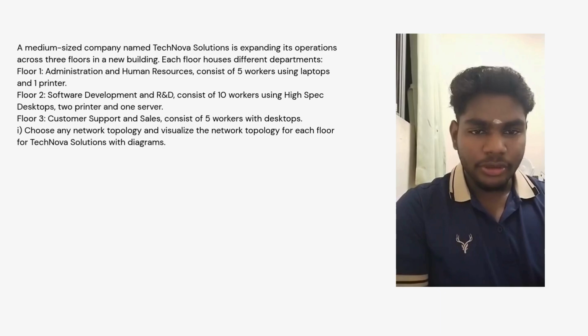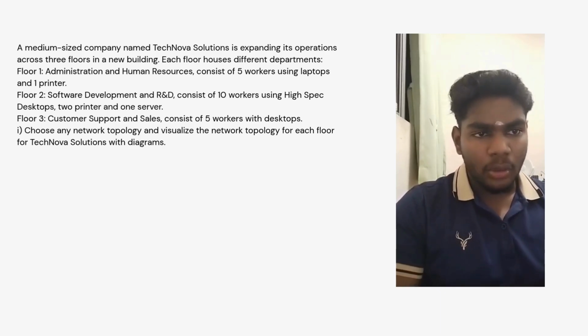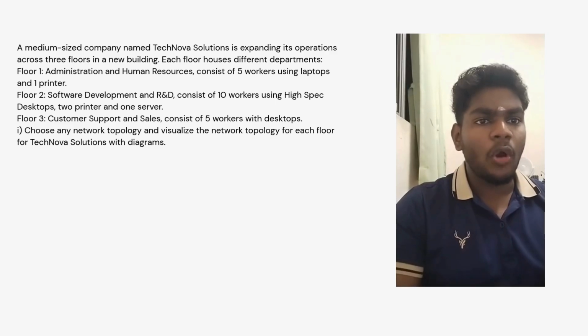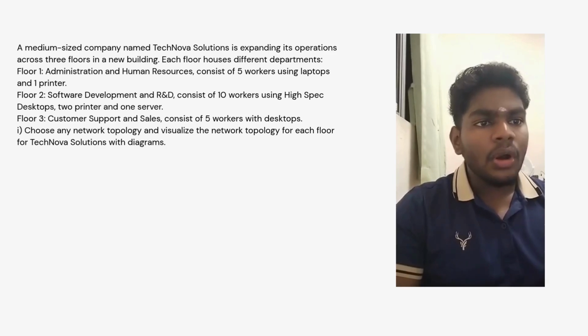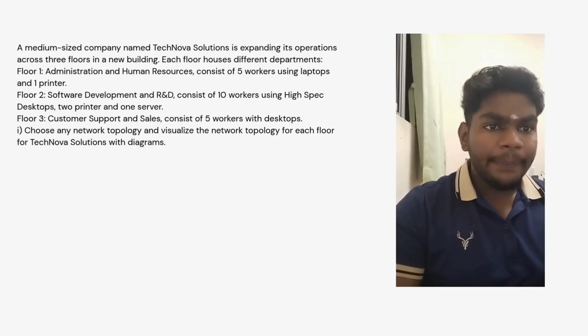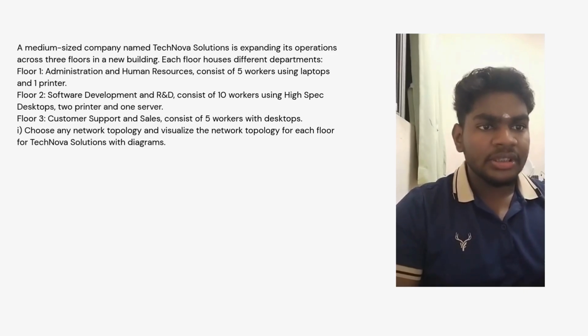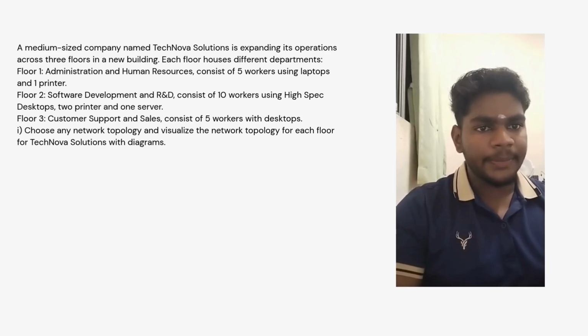So today I got a question. There is a medium-sized company named Technova Solution, expanding its operation across 3 floors in a new building. Each floor houses different departments. Floor 1, administration and human resources, consists of 5 workers using laptops and one printer.